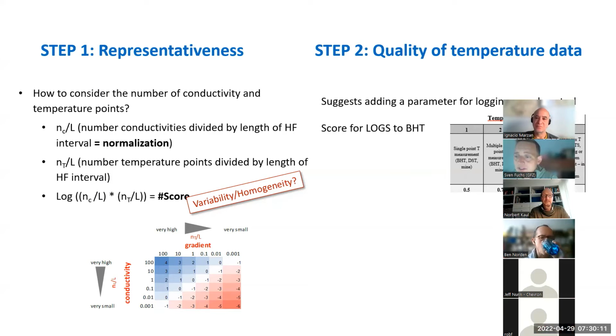So the assumption here is that the BHTs usually are recorded during the drilling process, and in many cases are not corrected for this drilling process, and thus have some large inherent errors.